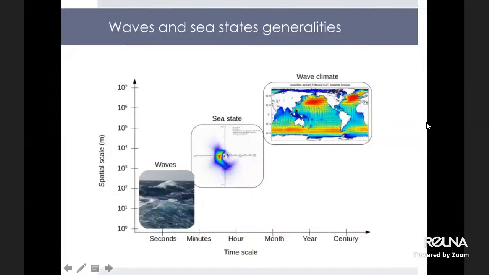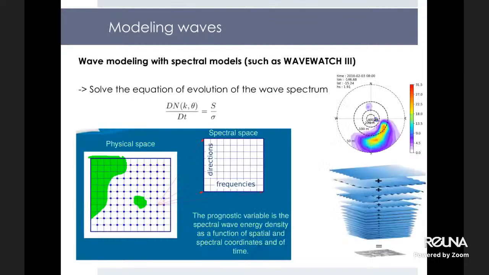So we can see that waves have implications at very different scales, going from the turbulence scales up to the climate scale. And so we can imagine that it is not easy to represent all these scales in modeling. So we will talk about spectral models, which are models that don't resolve each wave evolution individually, which cannot be done on a global simulation, for example, or even a relatively large area simulation.